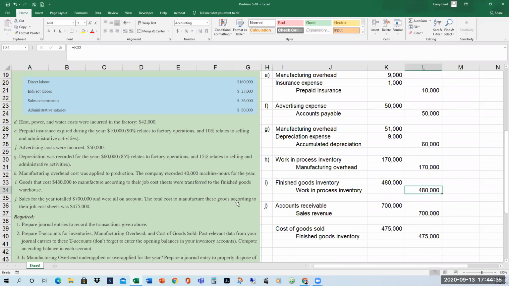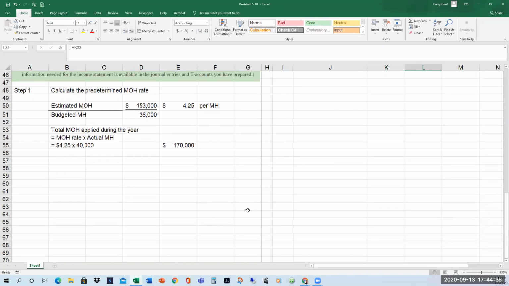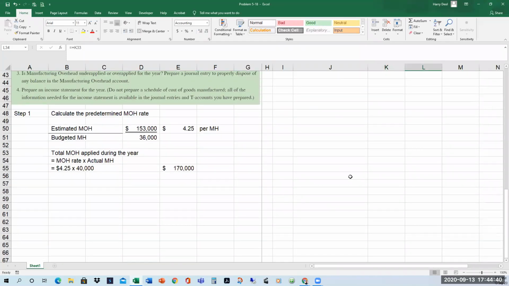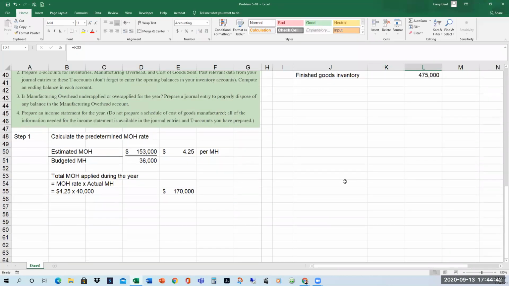Next up, we got to make the T accounts. So we've been asked to prepare T accounts. So that's part 2, or step 2, the T accounts.